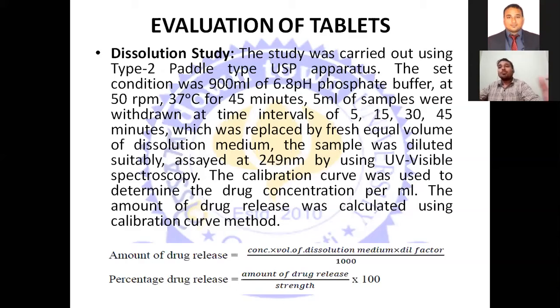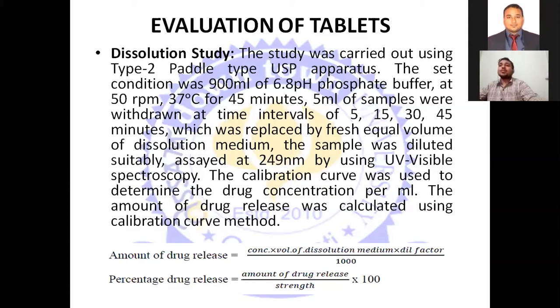After taking the sample we dilute it properly and take the absorbance at 249 nanometer, that is the wavelength in UV visible spectrophotometry.